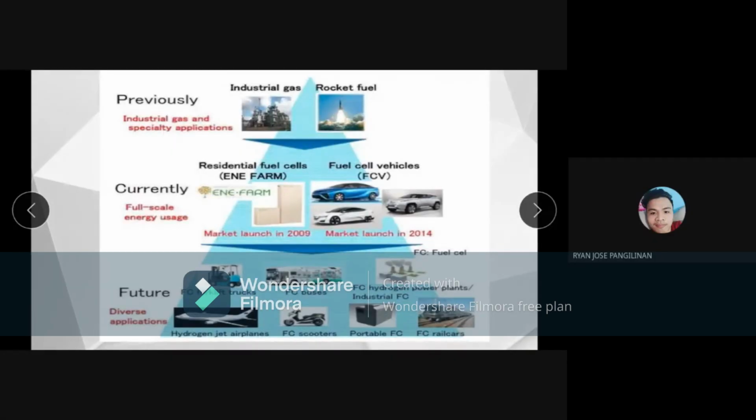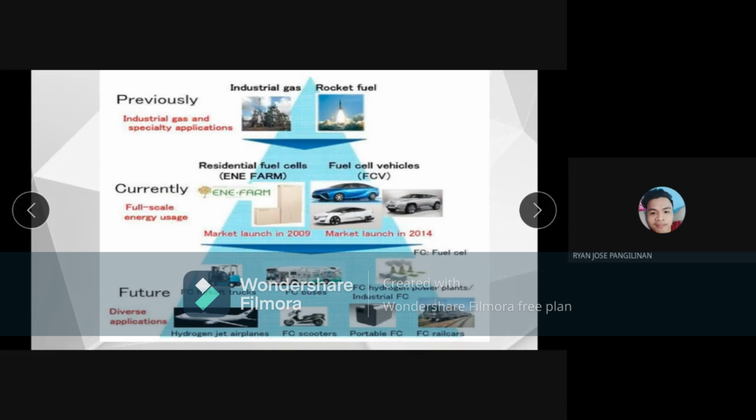Then fuel cell vehicles, some of which are hybrid electric and full electric vehicles powered by fuel cells.